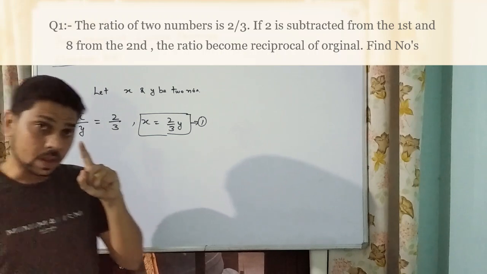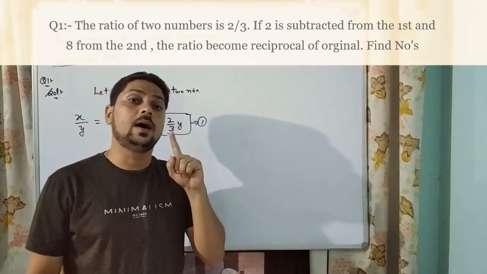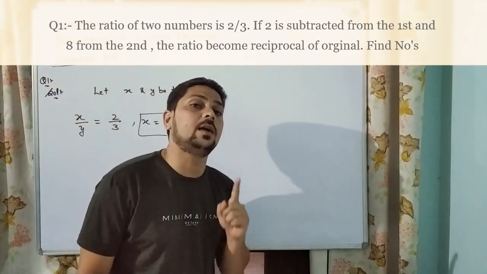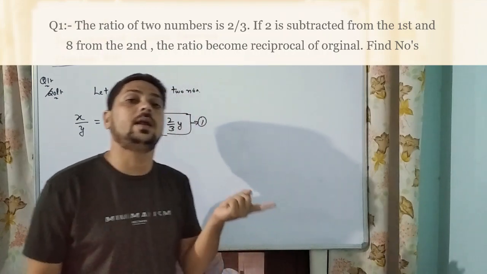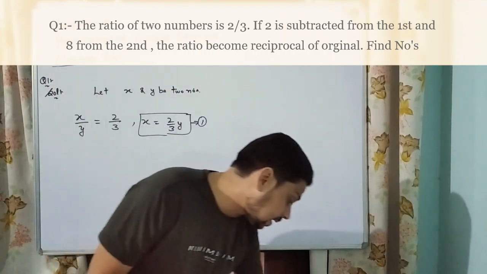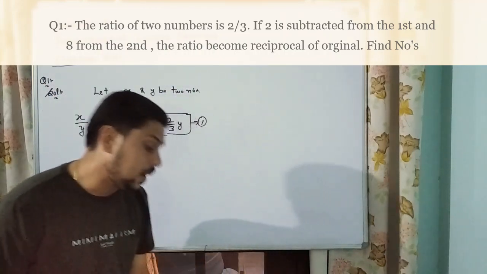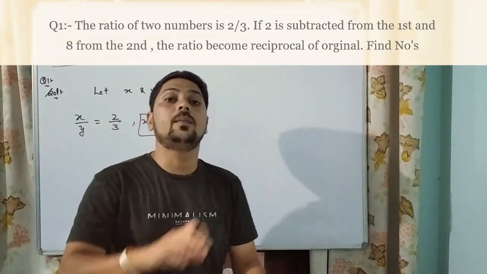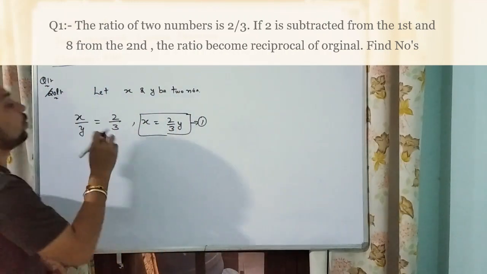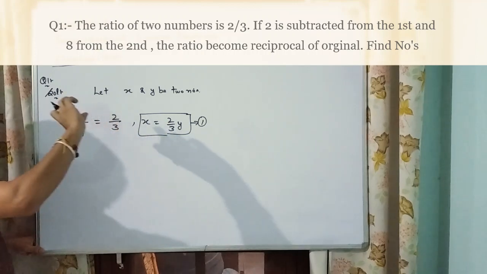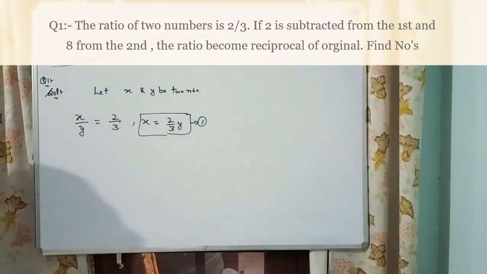Now, the second condition is that if 2 is subtracted from the first number and 8 is subtracted from the second number, then the ratio becomes its reciprocal. First we have ratio 2:3, its reciprocal will be 3/2.